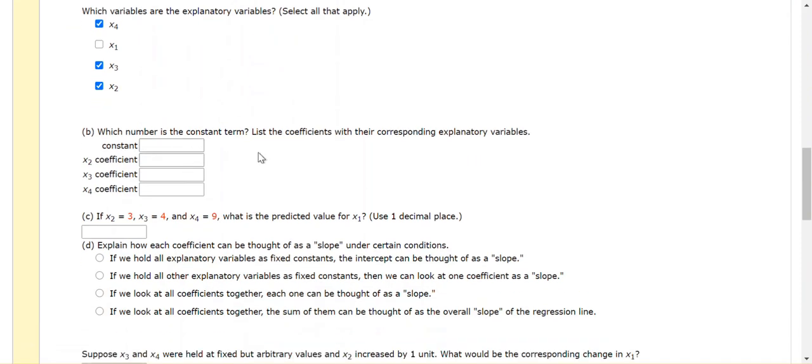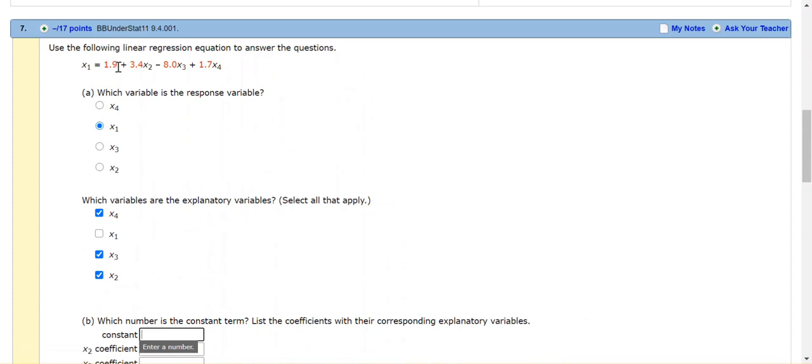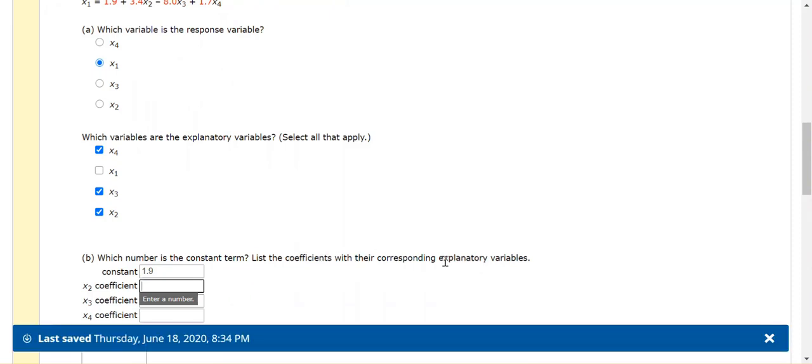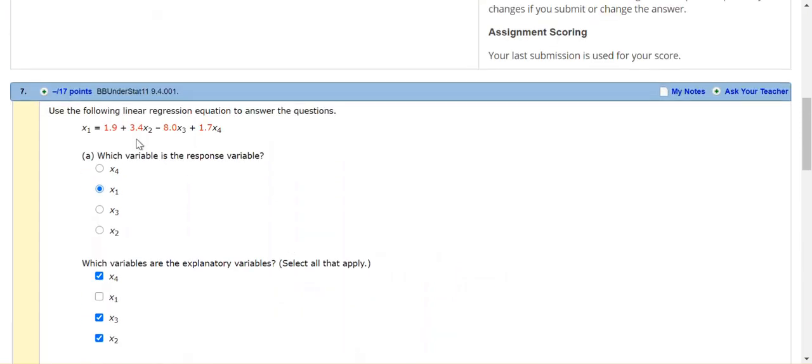Which number is the constant term? Well, this term 1.9 in my example doesn't have a variable, so that's not going to vary. So the constant is 1.9. Then it says list the coefficients with the corresponding explanatory values. The constant is 1.9. The coefficient of x2 is 3.4.